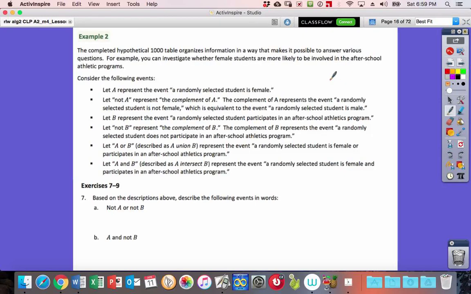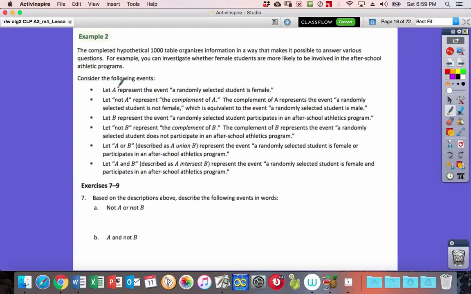Okay, I want to go over a few things from probability with you, and maybe this will help clear up some of it. We're going to look at how the tables organize, and we want to be able to answer some specific questions. So I want you to think of them as events.